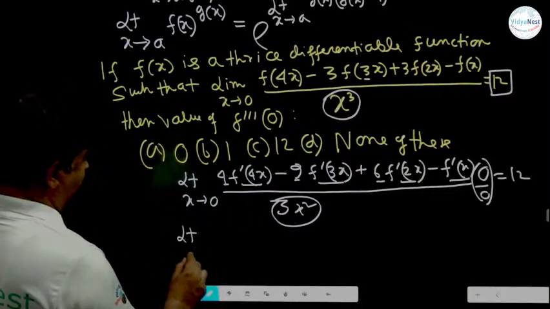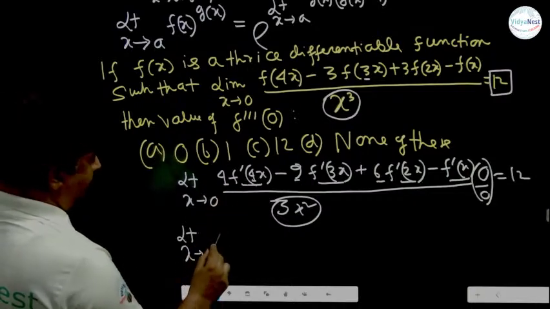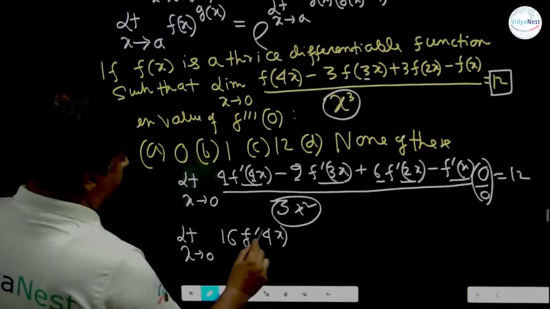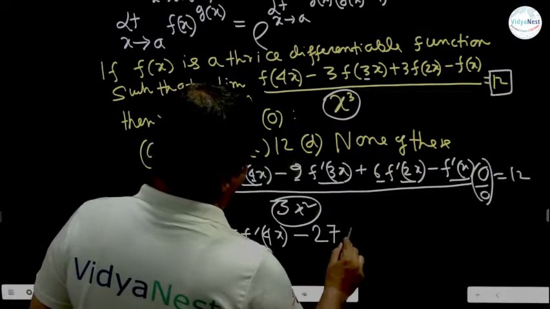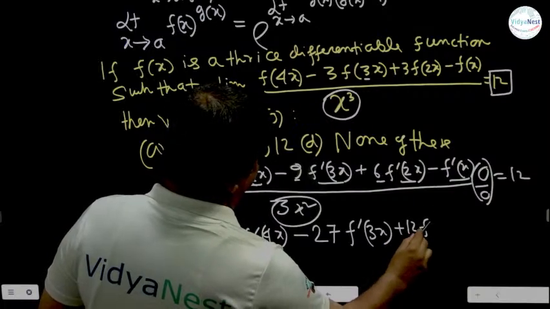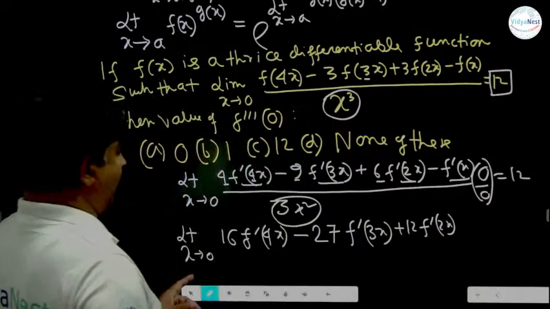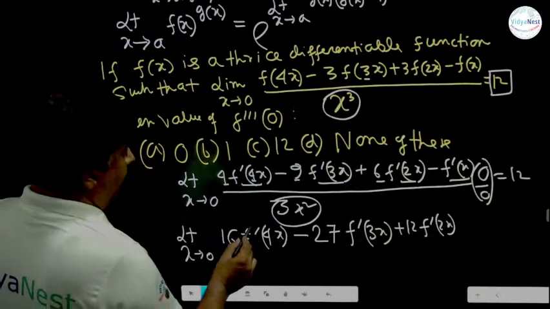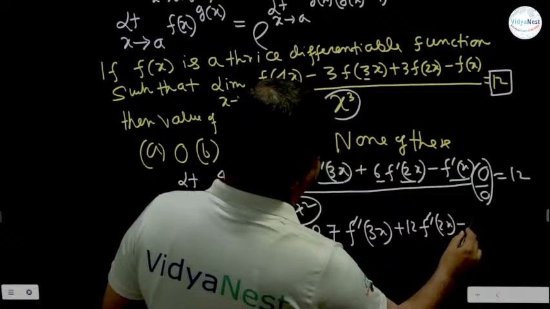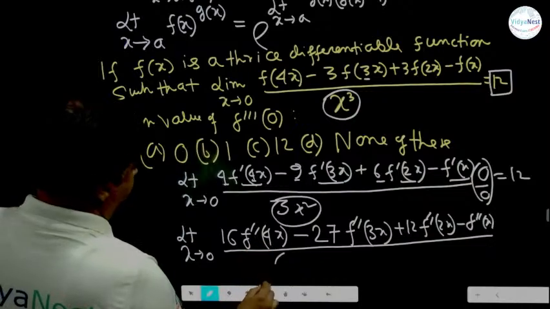Again differentiate. 4 times 4 f dash 4x means 16 f double dash 4x minus 27 f double dash 3x plus 12 f double dash 2x minus f double dash x, and in the denominator 6x.